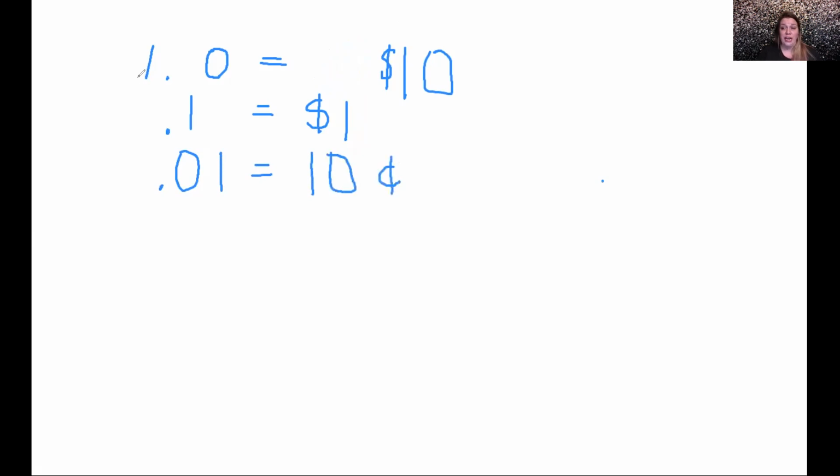So you've got your standard, it's a 1.0, it's equivalent to $10. You have got your mini lot, it's 0.1, it's equivalent to $1. And then you've got your micro lot, okay? It is 0.01 and it's equal to 10 cents, okay?